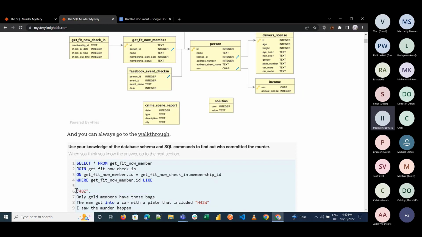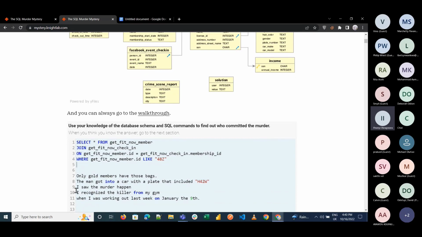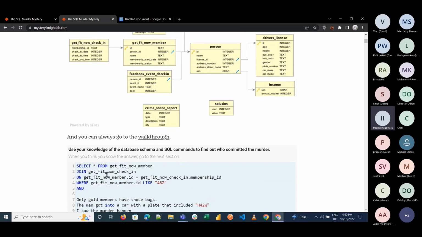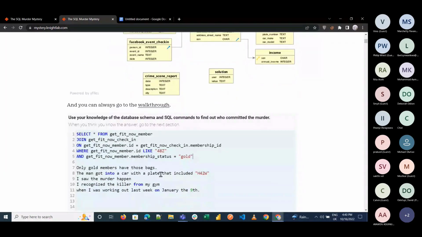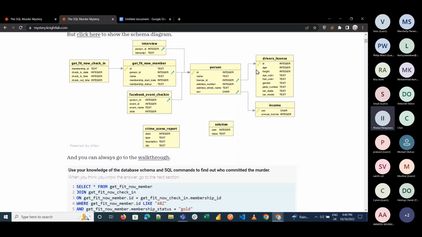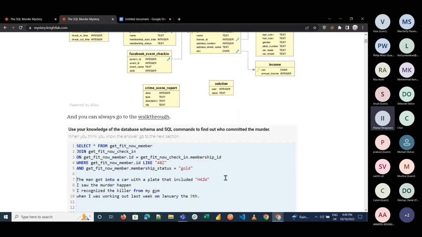Let me just copy this here before I make a mistake. We also know the bag, which is the membership status. So for Get Fit Now, we use membership_status, and membership status is equal to gold. Only gold members have that gym bag. The car plate number is in the driver license table, which none of our tables are, so we can't use it at the moment.